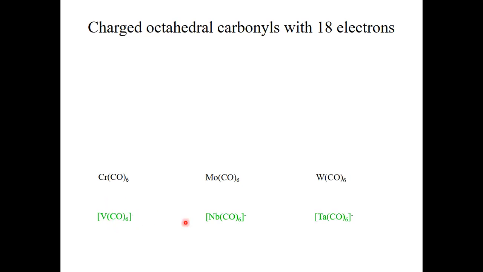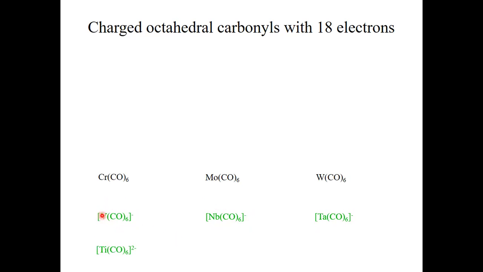So what about the higher homologues? Also the higher homologues, the niobium hexacarbonyl minus and the tantalum hexacarbonyl minus exist as well. So now we can go systematically through the periodic table using the same principle. So we can go further to the left in the periodic table. And the element to the left of the vanadium is the titanium.